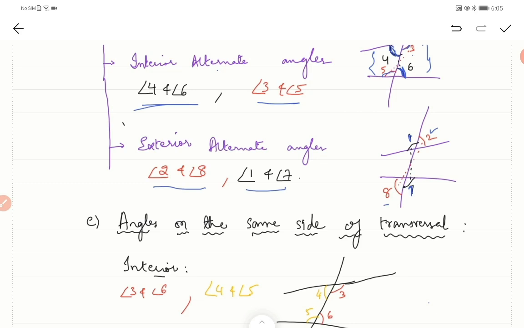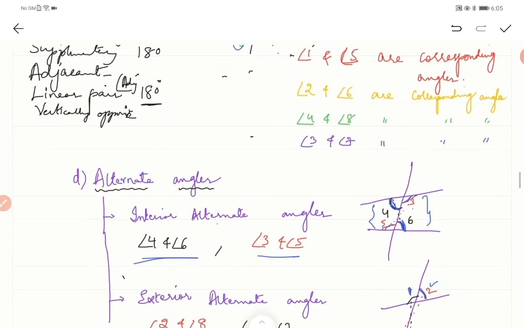These are exterior alternate angles. Alternate, or you can say opposite. You will not say vertically opposite, but you will call it just alternate angle.